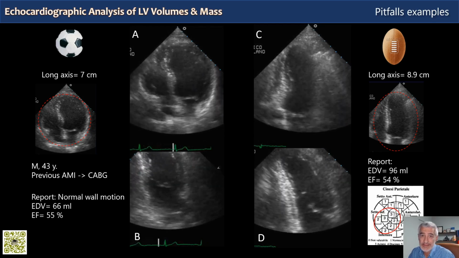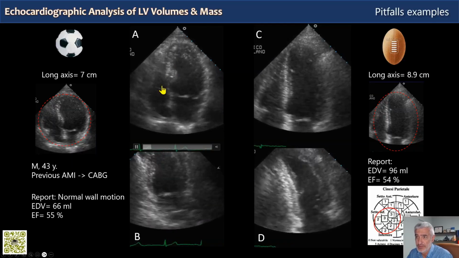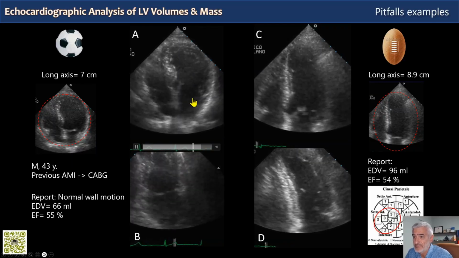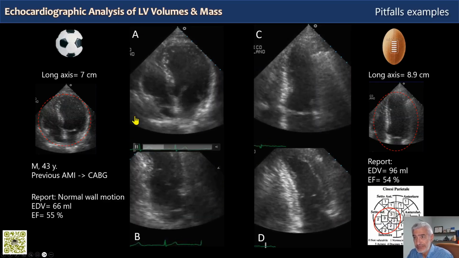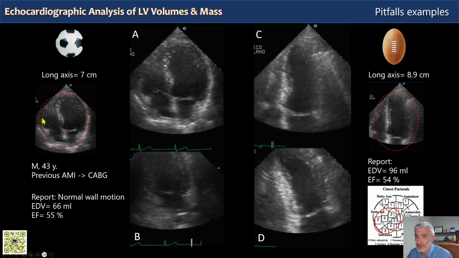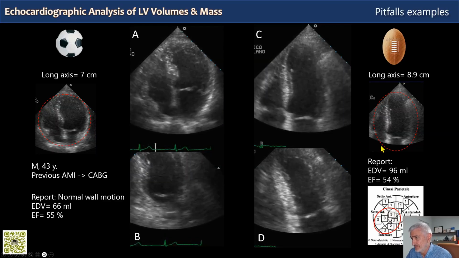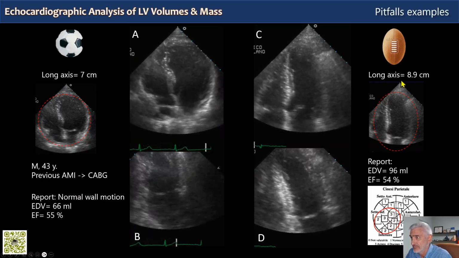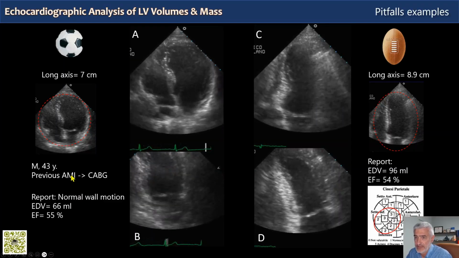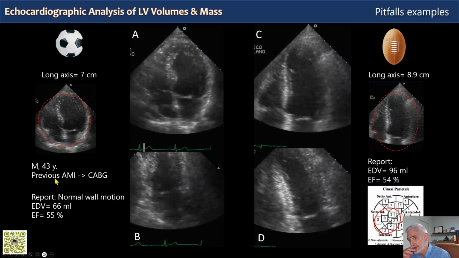Another real-life example, look at the different cardiac geometries between this incorrect apical four-chamber view, soccer ball, where the total cardiac area is a circle, and this correct one with a total cardiac area with correct geometry of a rugby ball, oval. This is a 43-year-old male patient with coronary artery disease.